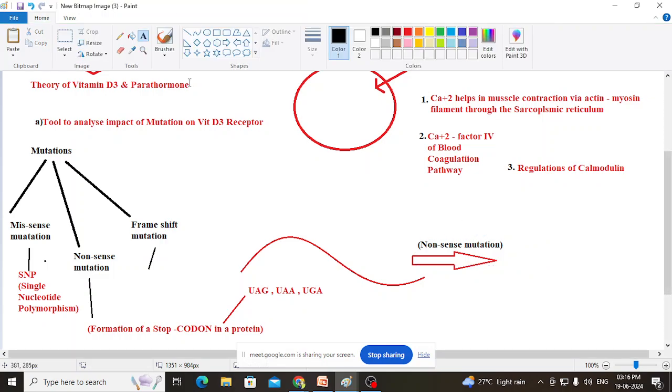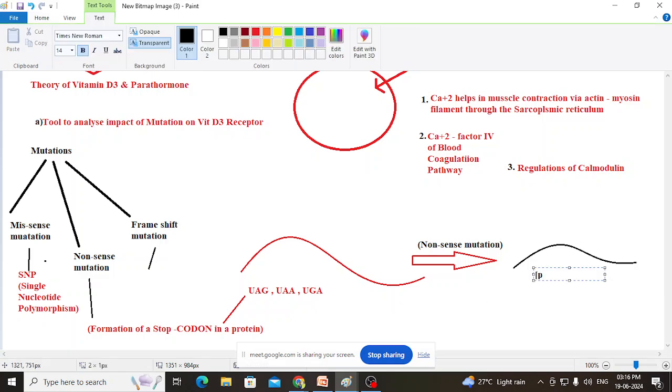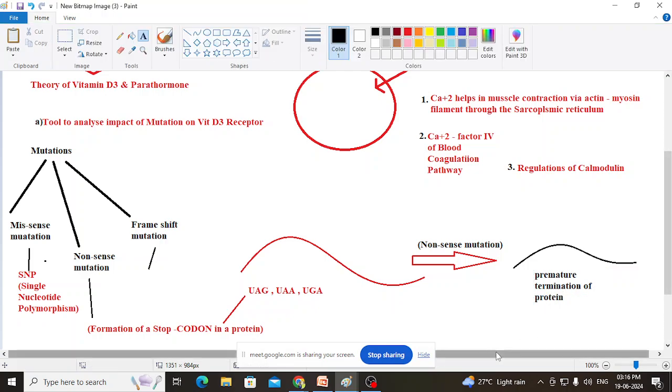It will lead to formation of the same protein, but it will get terminated. Can you see a smaller protein? So premature termination of the protein will take place. A smaller protein will be formed. This is the impact of nonsense mutation.